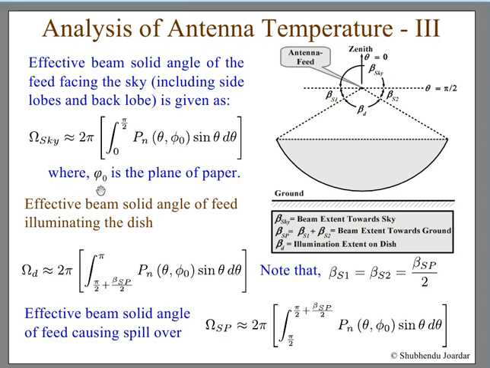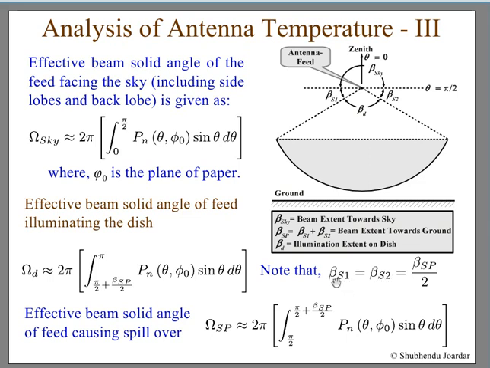For our case, we have considered that phi 0 is the plane of this paper. The effective beam solid angle of the feed illuminating the dish will be this omega d. Again, you have to integrate this. You simply set the limits of this integration here. You change them, the expression remains the same, and you multiply by 2 pi.